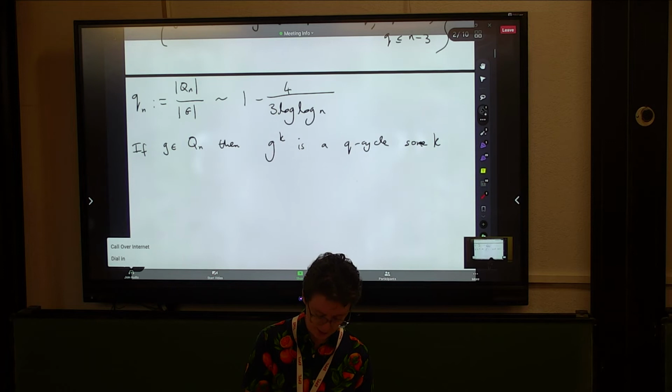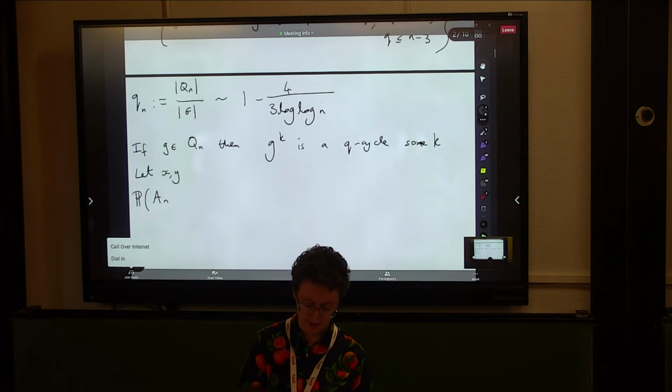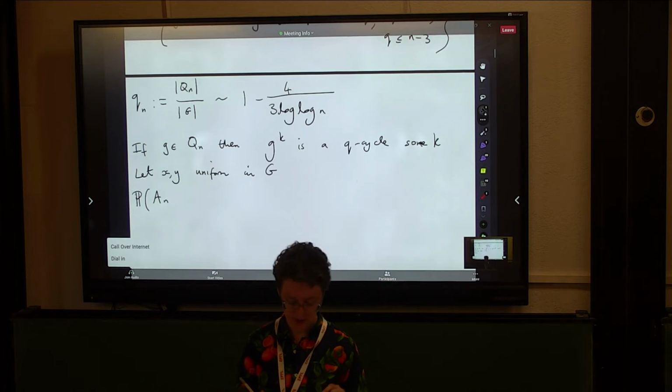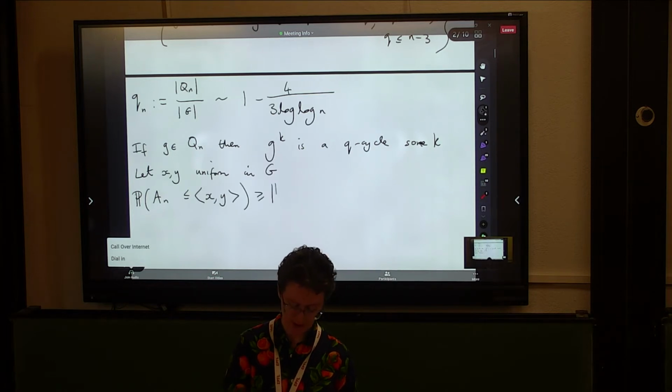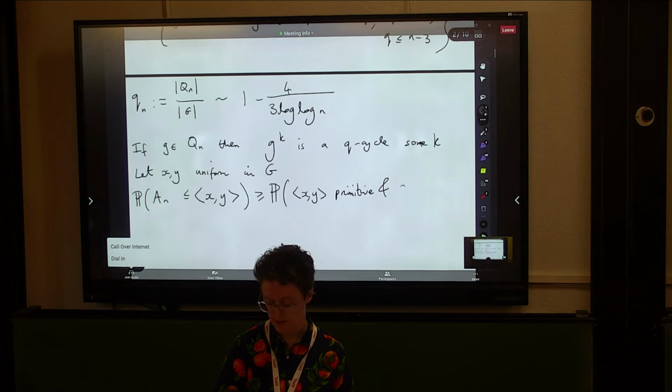So, okay, the probability that, let's pick two random elements, right? So x and y uniform in G. So we're going to pick two independent elements. And the probability that the alternating group is contained in the group generated by them, well, it's at least the probability that our generated group is primitive, and let's say x is in Q_n.